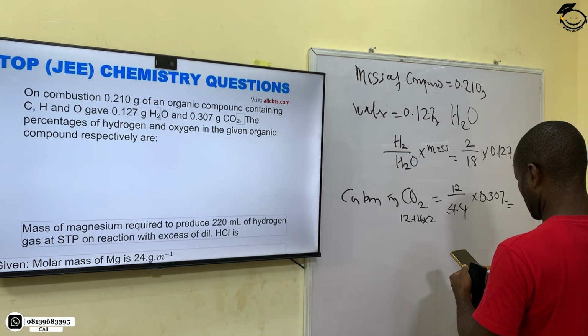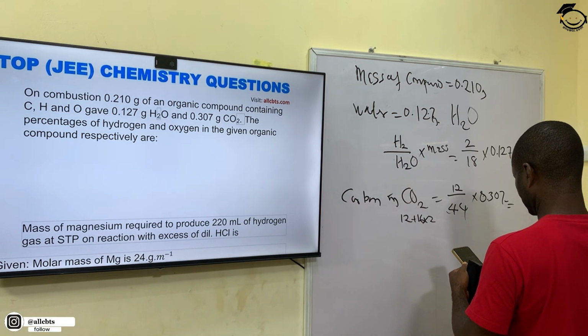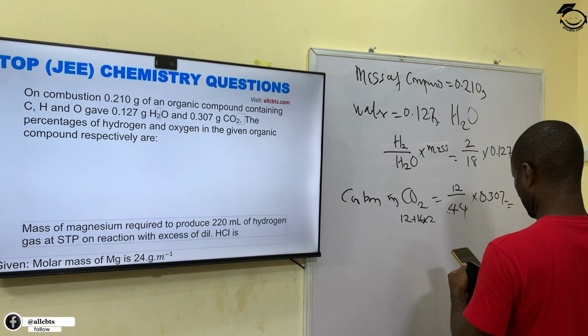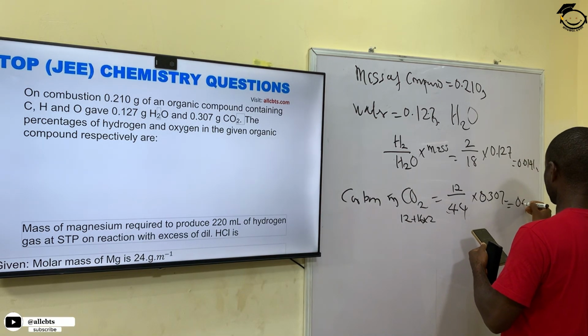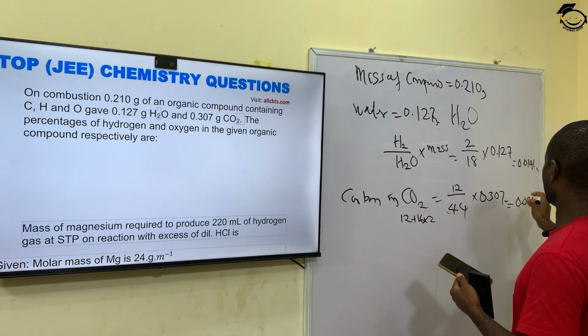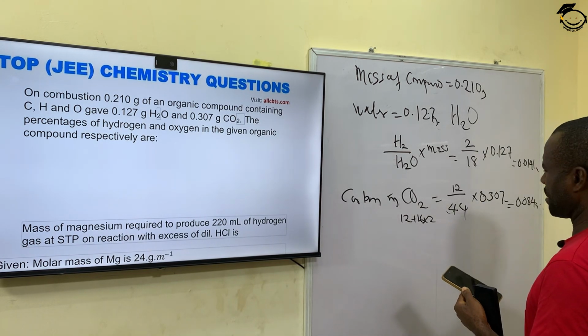Using our calculator, we have 12 times 0.307 divided by 44. That gives us 0.084 gram. So this is the mass of carbon.